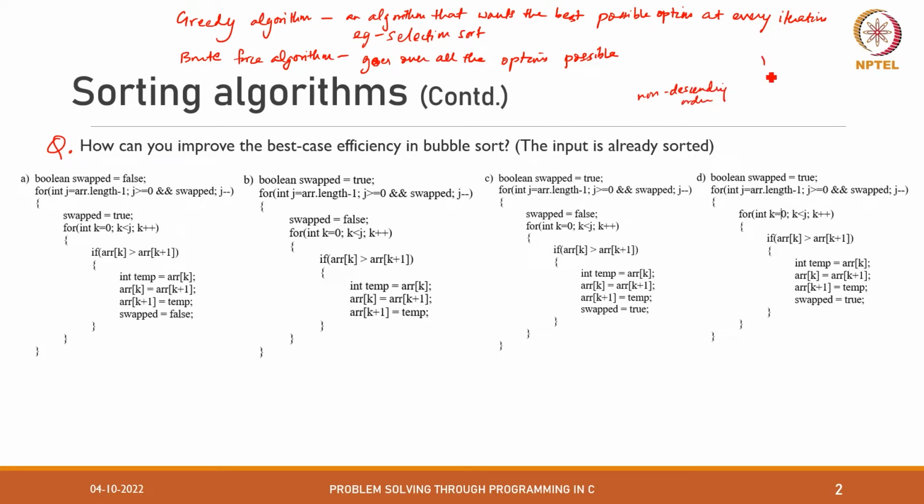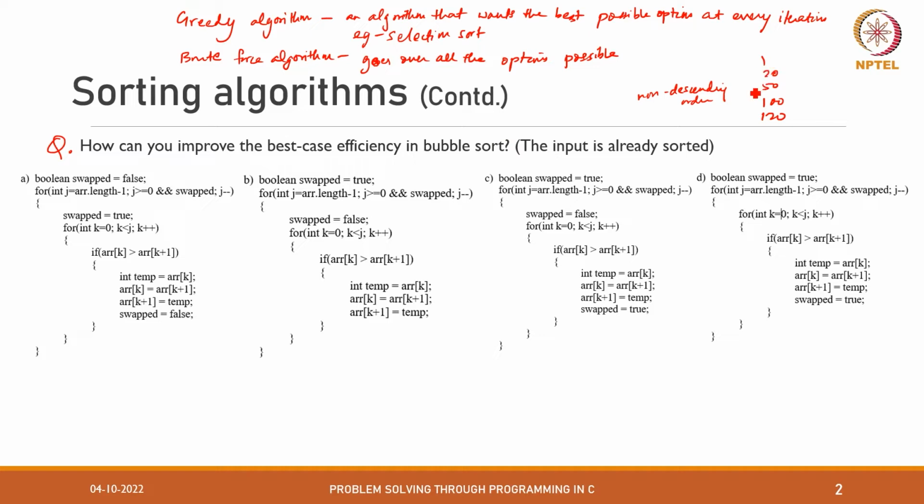Say if we want a non-descending order, our input would be something like this. So it is already in a non-descending order, already sorted, and when we run the bubble sort, we don't know that it is in this manner. So what is the best case efficiency of bubble sort?